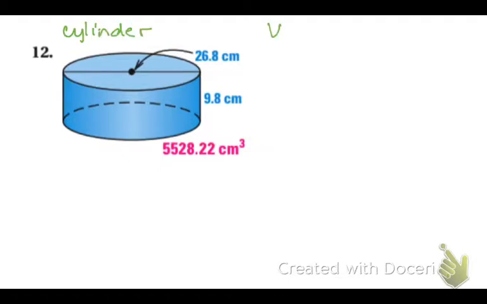So our volume is going to be equal to pi r squared h, and this is very much just a plug and play. Here's our h, 9.8. Our diameter all the way across here is 26.8, but our formula calls for the radius, not the diameter.